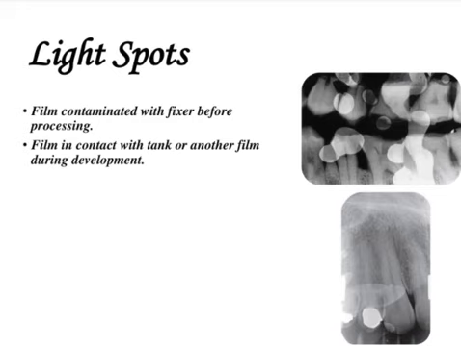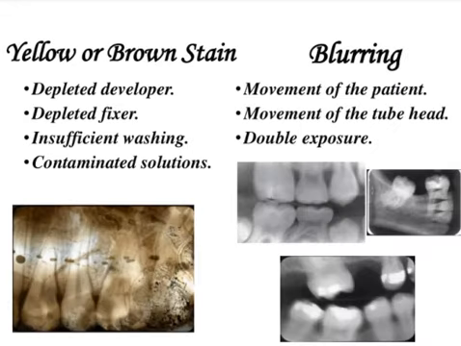Okay, the fixer falls on the film before processing, it turns light. If developer falls on the film before processing, it turns dark. So film in contact with the tank or another film during development can also give you light spots or lines.